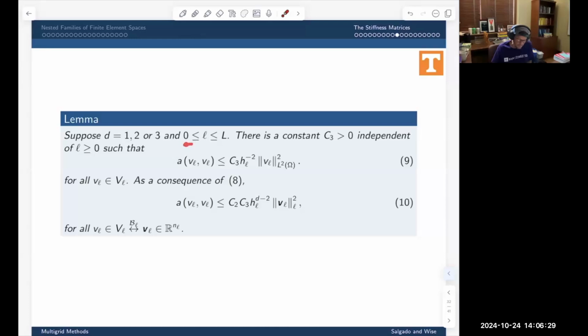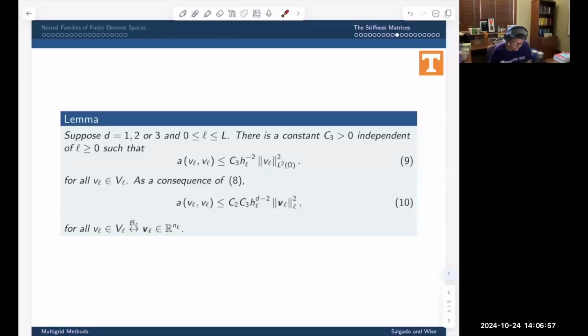L is any level between 0 and L inclusive. There is a constant C3 independent of L, such that if I take the energy inner product of VL against itself, that's less than that constant C3 times HL to the minus 2 power times the L2 norm of VL squared.